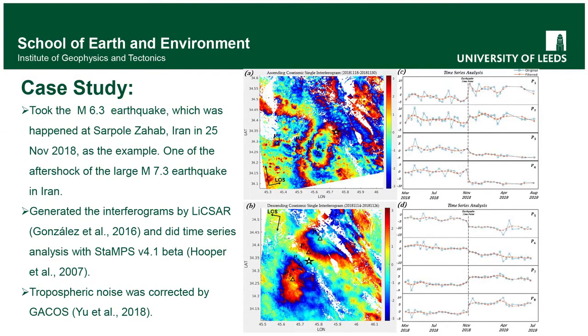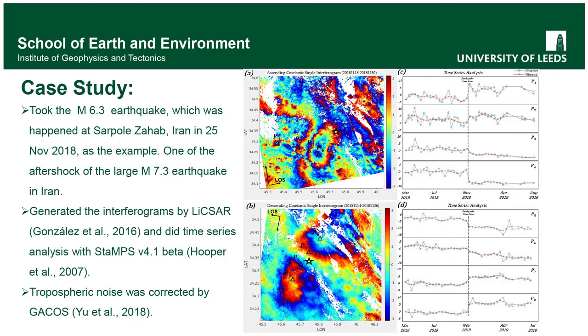Here is one example I have studied. I took the magnitude 6.3 earthquake which happened in Iran in 2018, an aftershock of the large 7.3 earthquake I have shown you. We created interferograms with the InSAR and STEM software and used GACOS to correct the tropospheric noise.